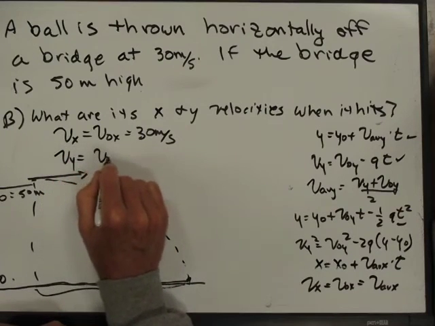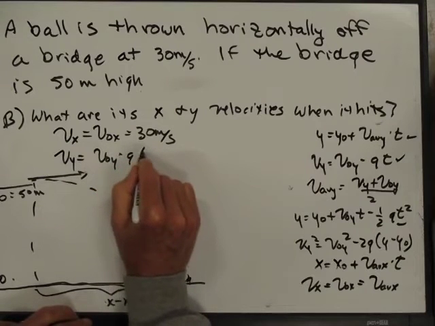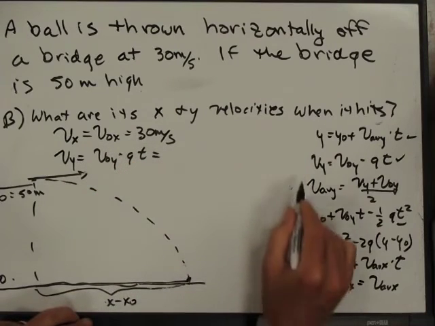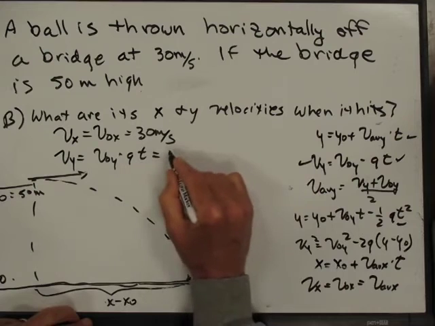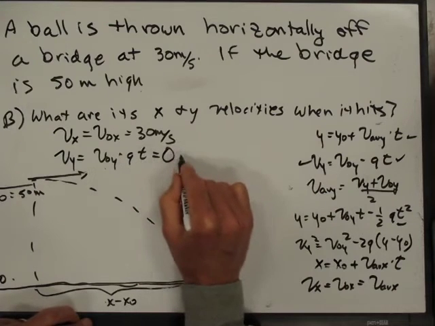Vy is equal to v naught y minus g times time. That's our equation 2 up here, right? But we already said the initial velocity was just 0.